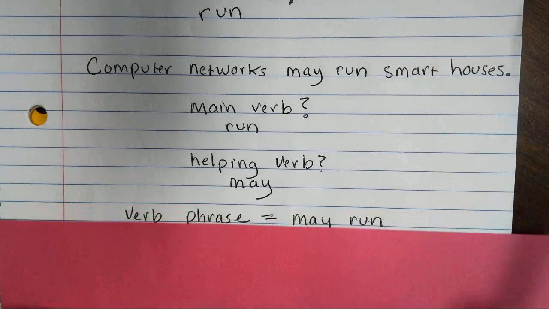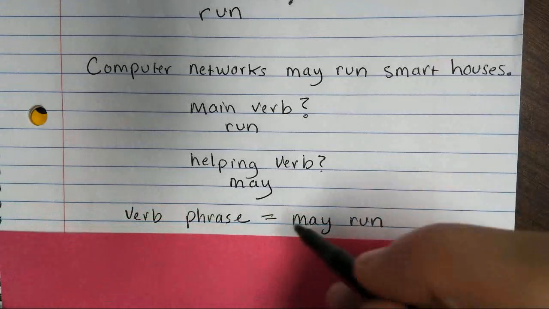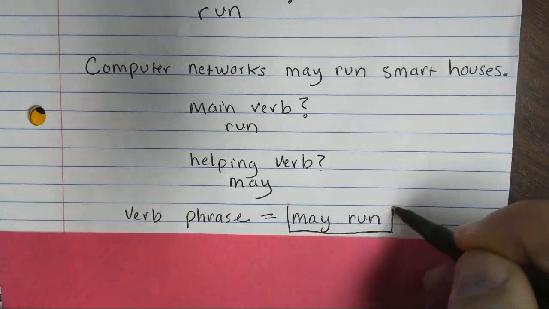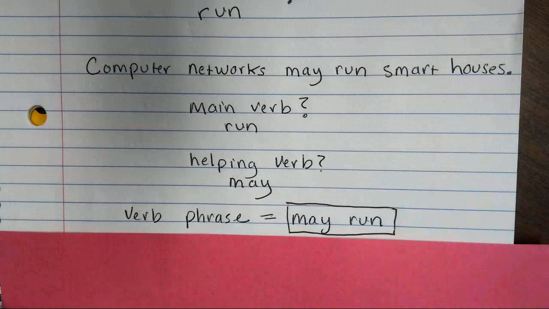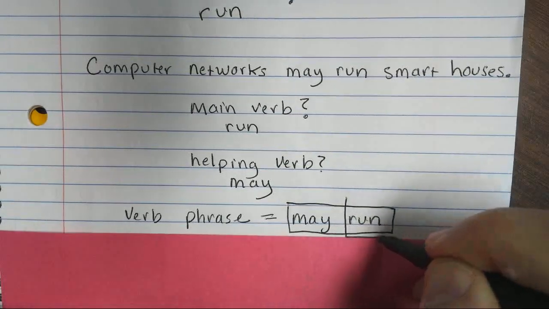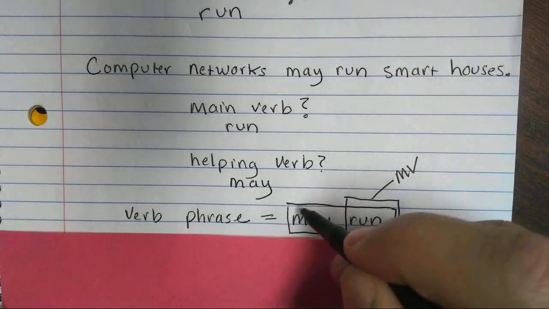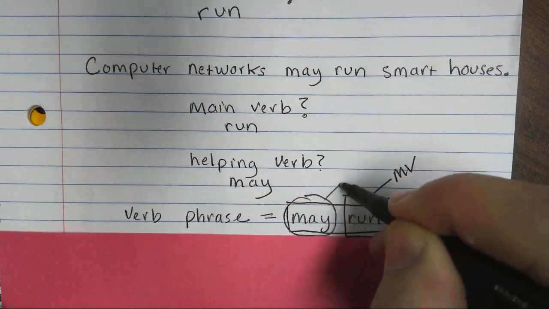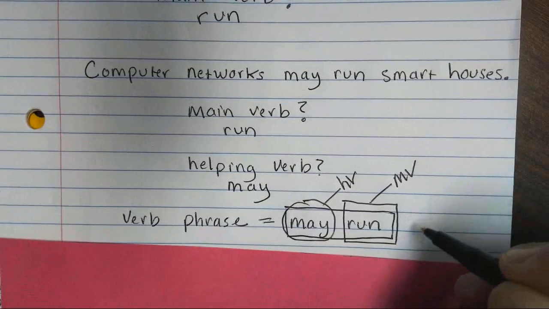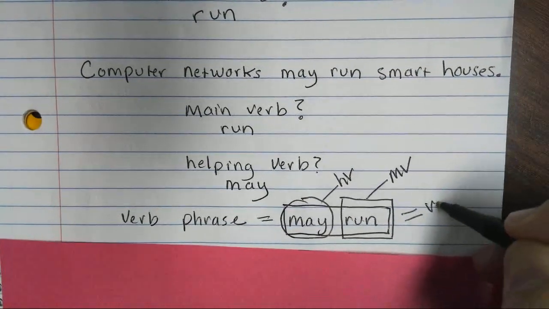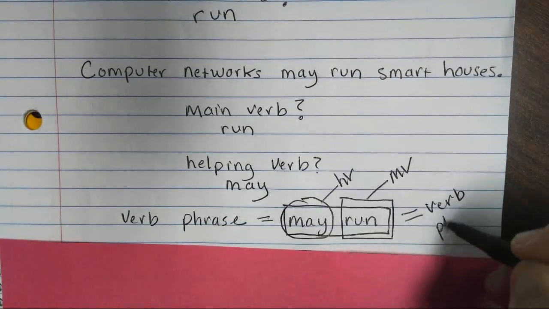So the verb phrase then consists of may run. That is the verb phrase, with run as what? The main verb, and may as the helping verb. And together, what do they create? The verb phrase.